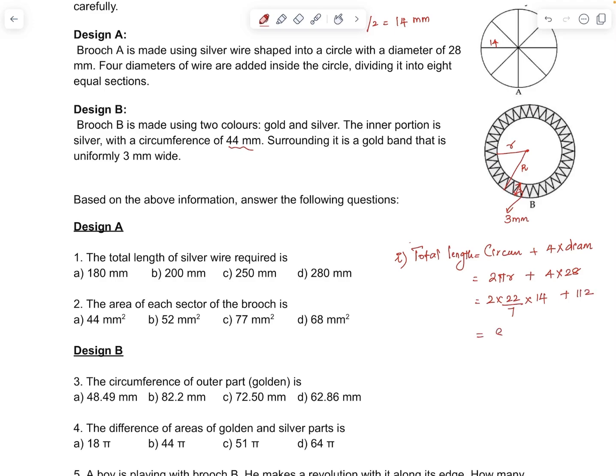On simplifying, we get 88 plus 112, which is 200 millimeter. So the answer is option B.